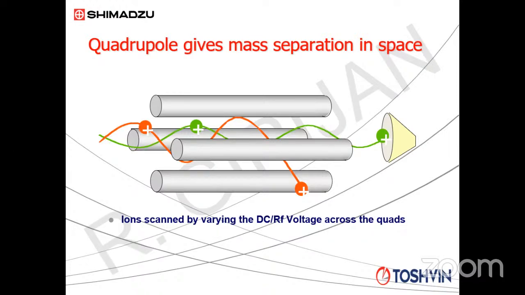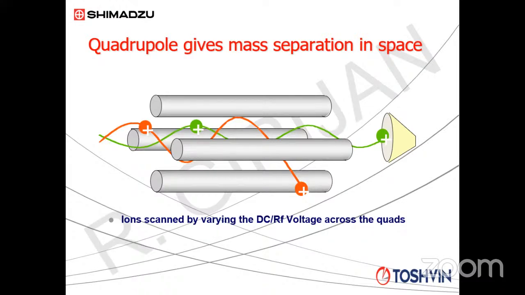On one pair, we apply direct current, DC voltage, and on the second pair, we apply radio frequency, RF. At any point of time, there is a certain ratio of DC to RF. For a certain ratio of DC to RF, only one particular ion will come out.